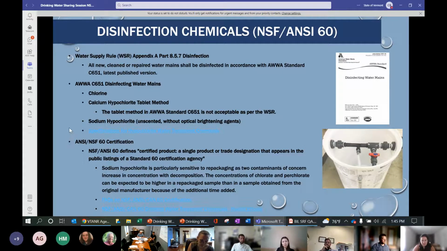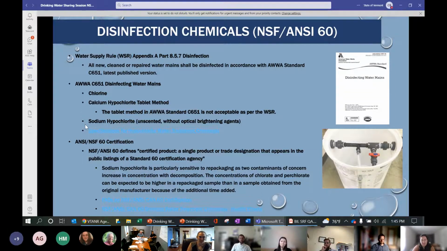There are a couple of different options and methods for disinfecting water mains, and a couple that are listed in the C651. The one that we heavily discourage against, and is prohibited by the water supply rule, is the calcium hypochlorite tablet method.